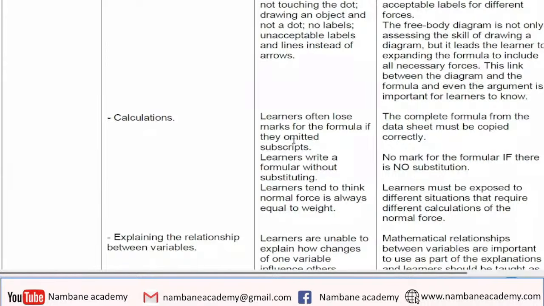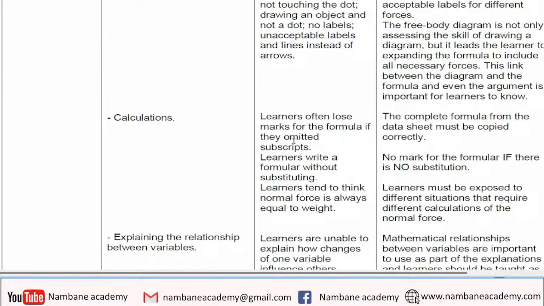And note, you will not get a mark if you write a formula without substitution. If you give a formula and then you do not substitute into the formula, or there is no attempt to substitute into the formula, then the mark for the formula will be forfeited. So you write the formula and then you substitute into the formula.